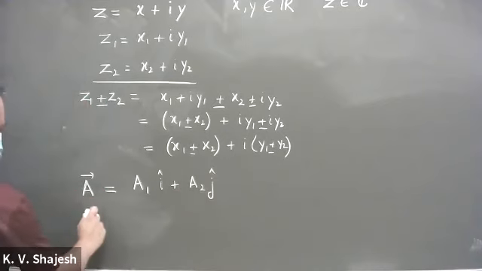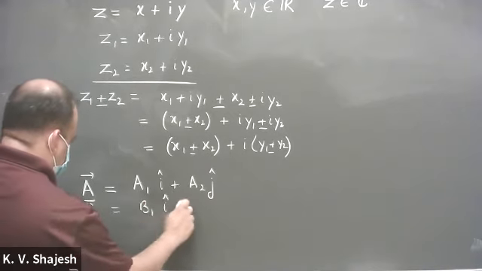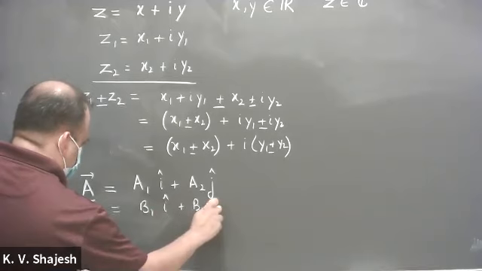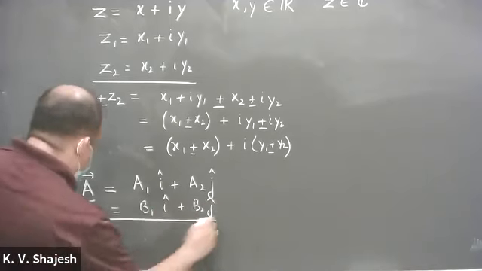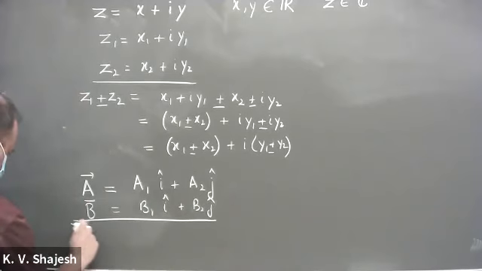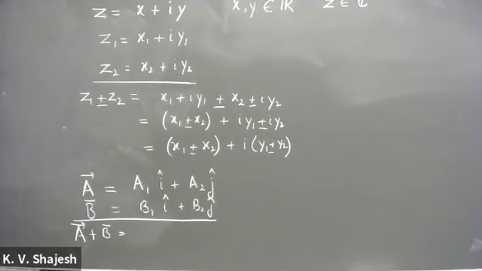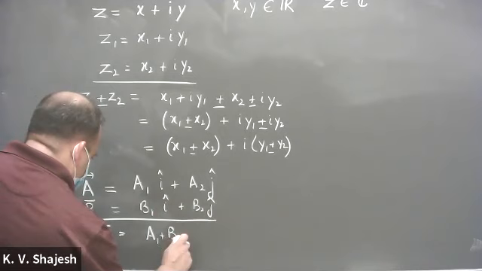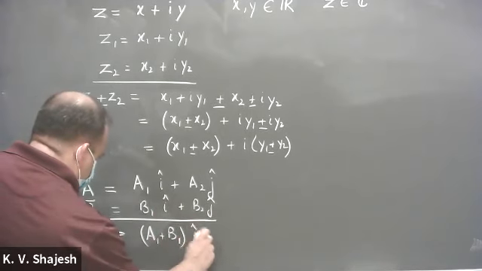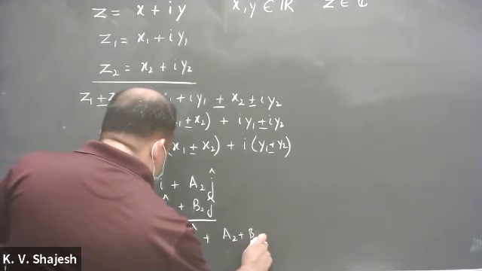And if you have B, what is A plus B? That's exactly A1 plus B1 in the i hat and A2 plus B2 in the j hat.